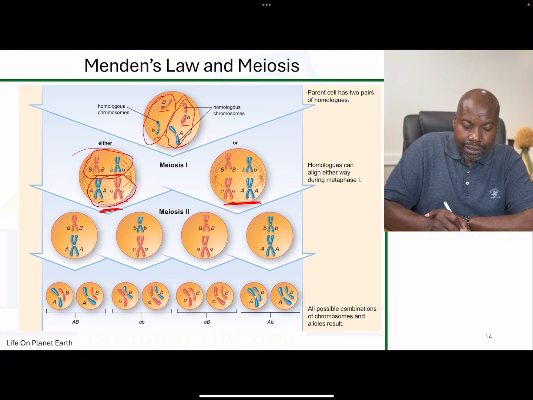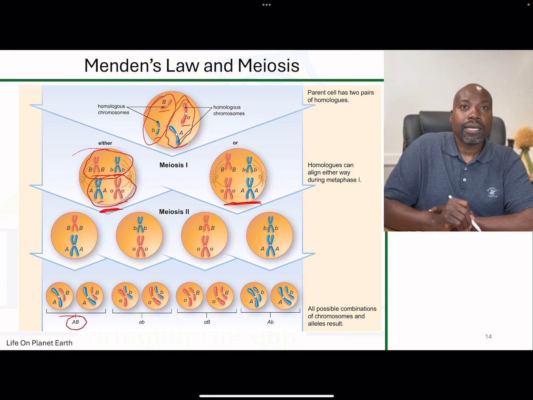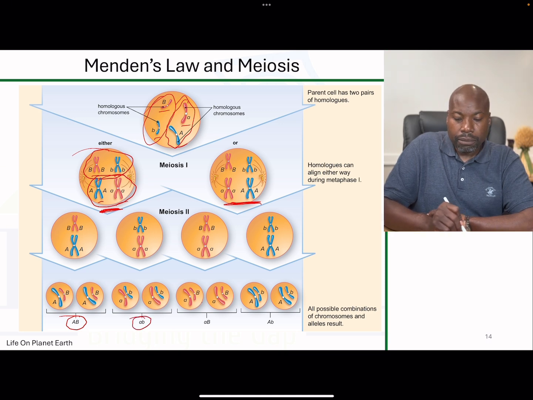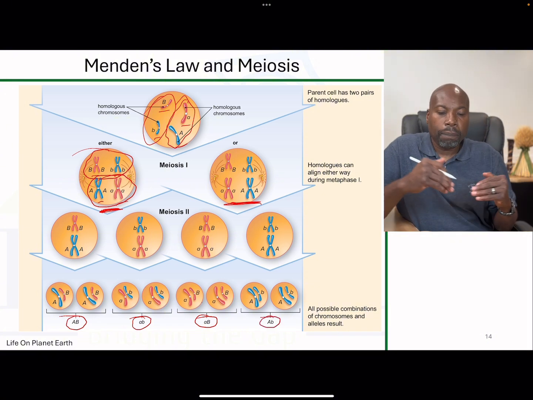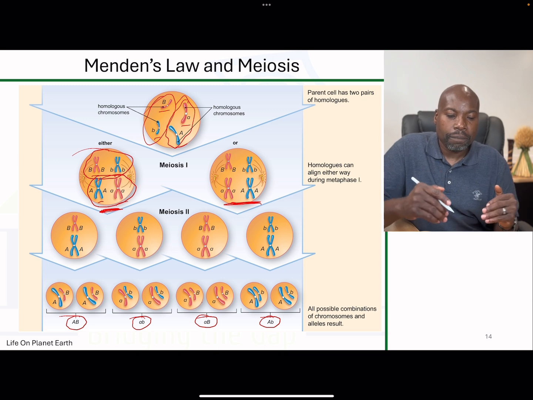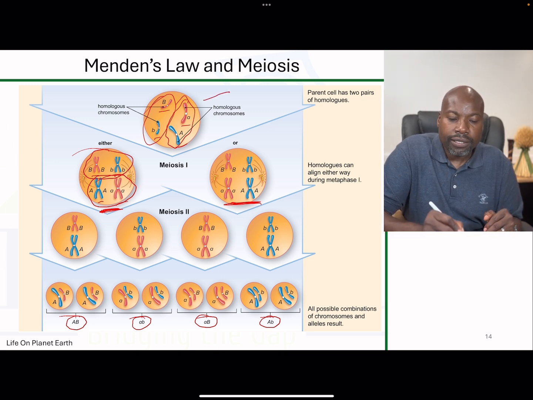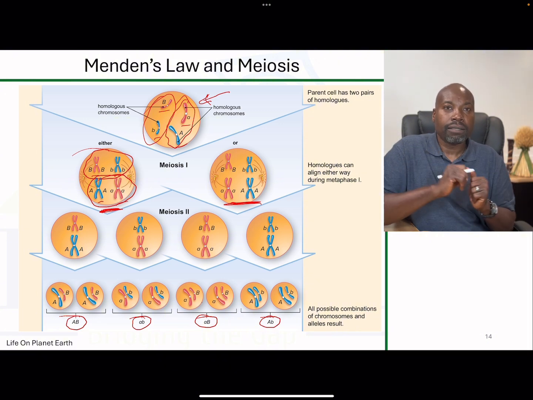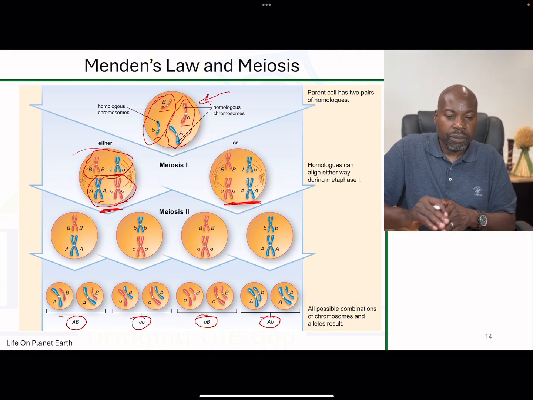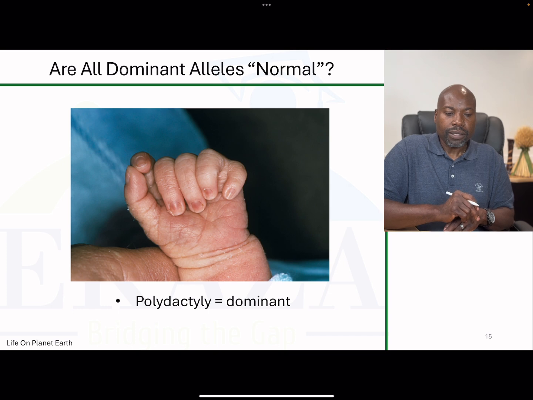Some gametes being capital A, capital B. Some being lowercase a, lowercase b. Some lowercase a, capital B. Some capital A, lowercase b. These are all the possibilities that exist for this parent cell as initial cell. These are the possibilities of gametes, okay?